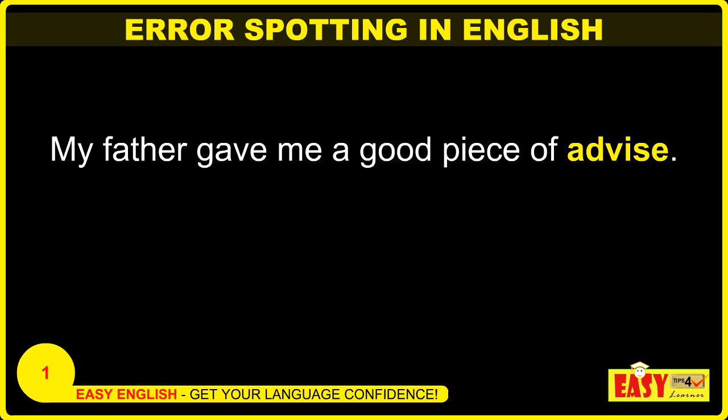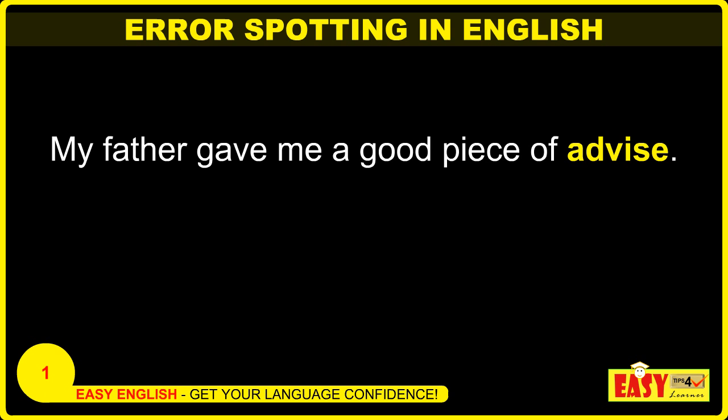Now look at the next sentence. My father gave me a good piece of advice. Now look at the spelling. A-D-V-I-S-E. Everybody can give a piece of advice. So what would be the spelling of advice? A-D-V-I-S-E.